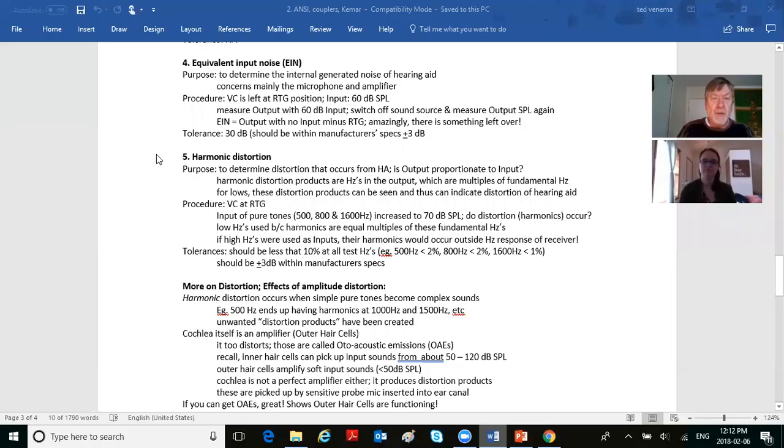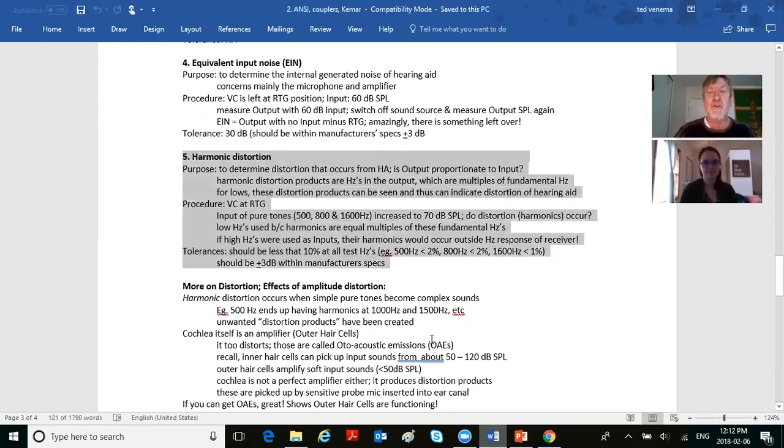So here's harmonic distortion. It measures distortion that occurs from the hearing aid. Is the output proportionate to the input? These are frequencies in the output which are multiples of the fundamental frequency. For lows, these distortion products can be seen and thus indicate distortion provided by the hearing aid. Procedure: volume is at reference test gain position, input of 500, 800, and 1600 hertz.